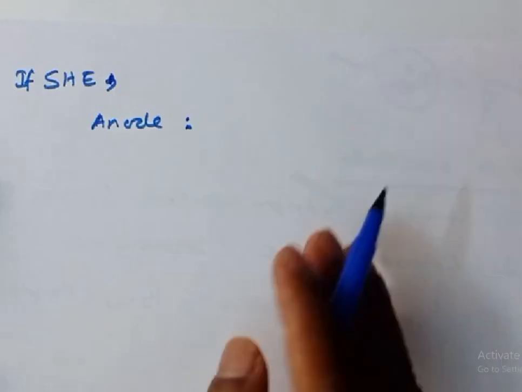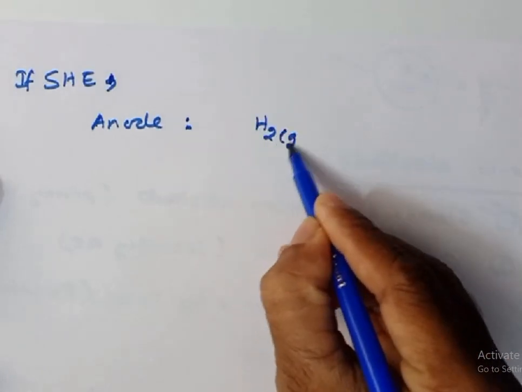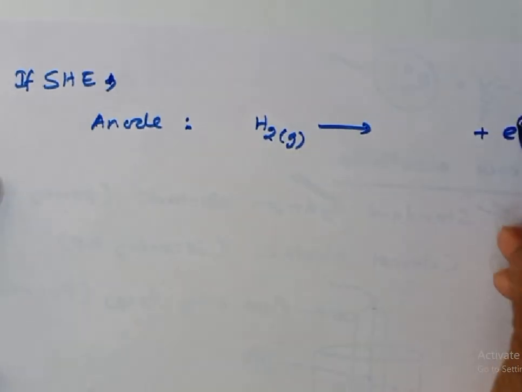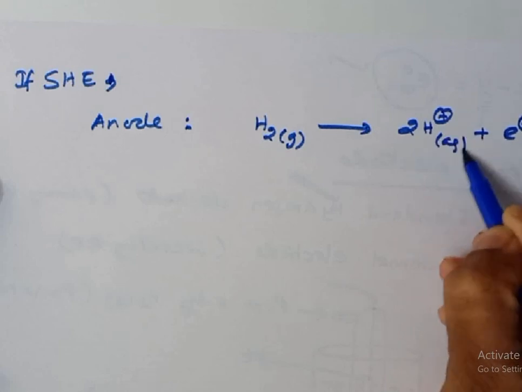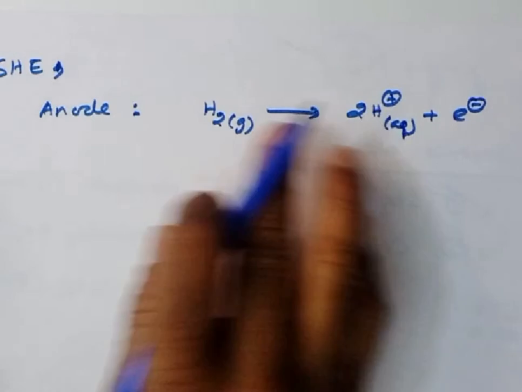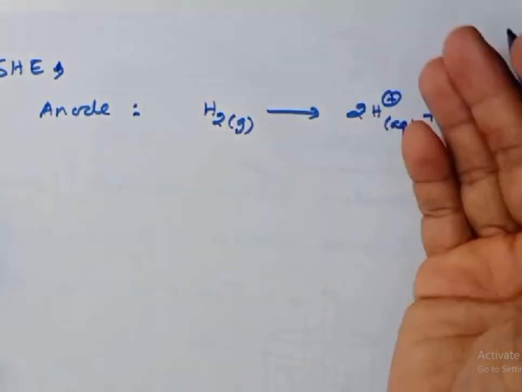Anode means oxidation. So what will happen here? Hydrogen molecule releases electrons, becoming H plus ions. That H plus ion goes to the solution. This is the oxidation reaction that occurs if the hydrogen electrode acts as anode. And what is the potential?